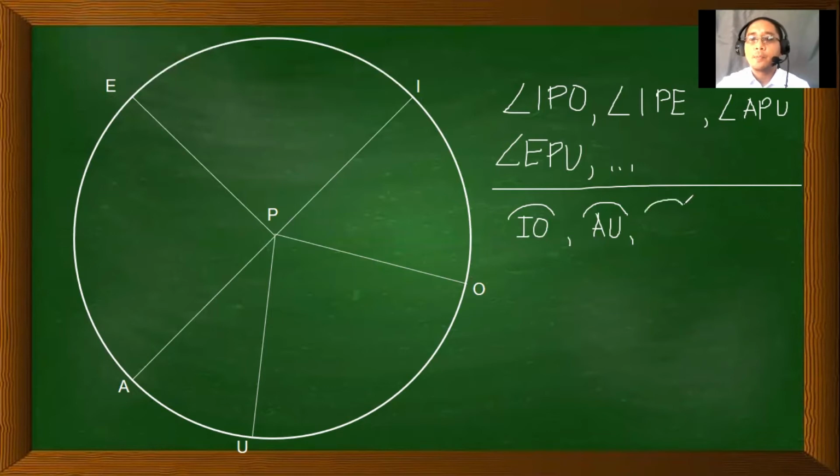Another arc is arc EI. Another is arc EU. And so on and so forth. Take note, identifying a minor arc, you must identify it if this is less than 180 degrees or less than the semicircle.